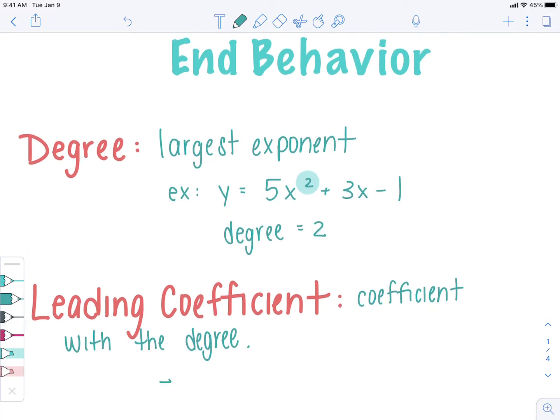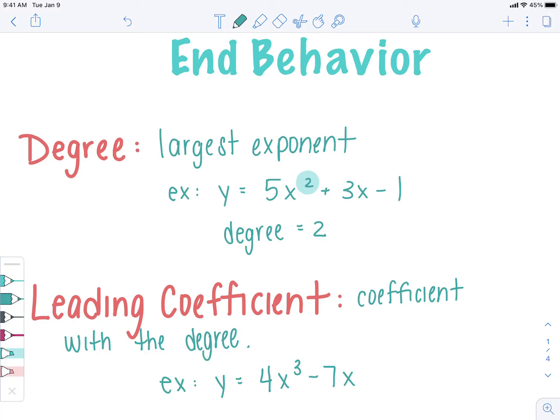So I could say, for example, y equals 4x cubed minus 7x. My leading coefficient there is going to be 4 because my degree is 3.